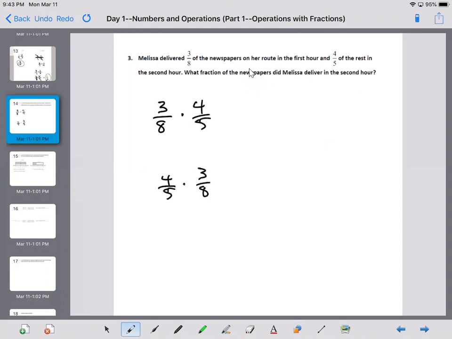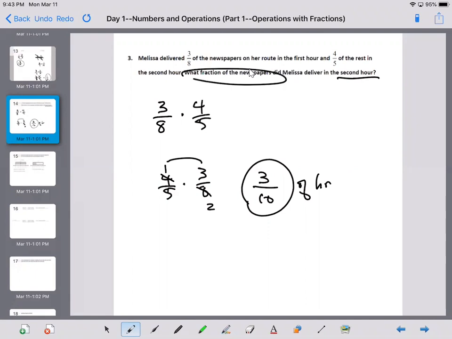Well, 4 will divide 8 2 times. And so now I've got the 1 times 3, which is 3. 5 times 2, which is 10. So I'm going to have 3/10 in the second hour, 3/10 of the newspapers.